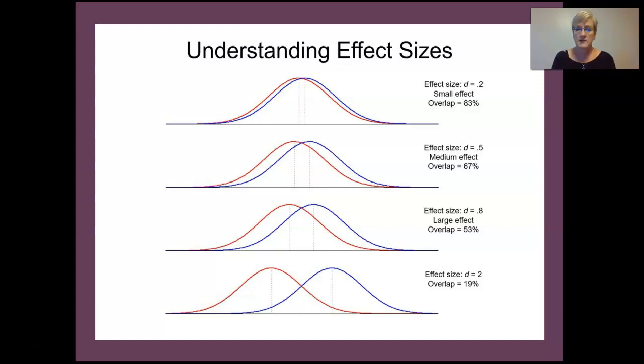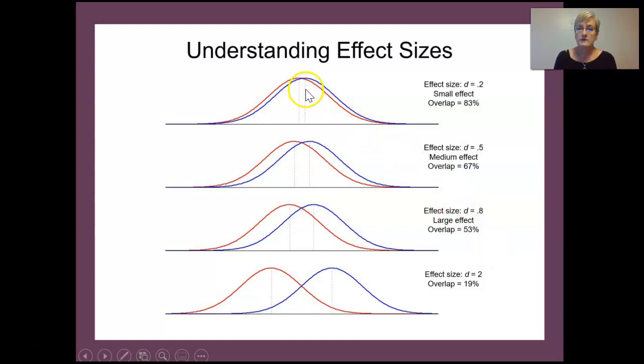It's long been contended that males have an edge on spatial skills tests. So let's say you find a statistically significant between groups difference between males and females on spatial skills. The effect size is going to have a great deal of impact on how you interpret that significant result.